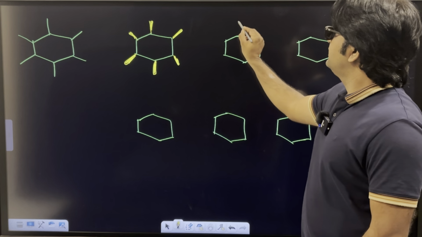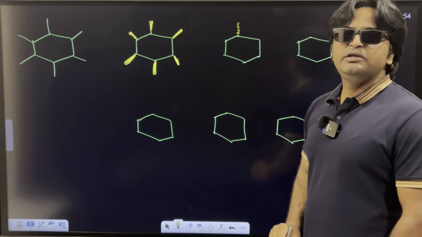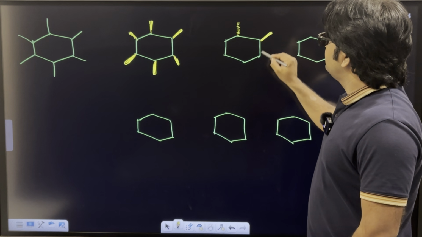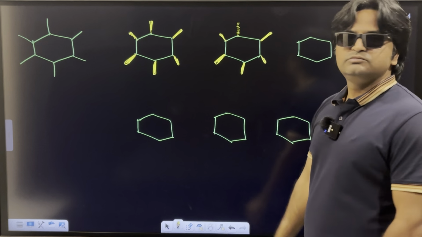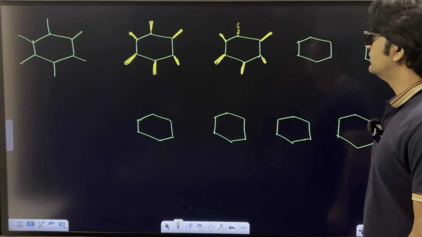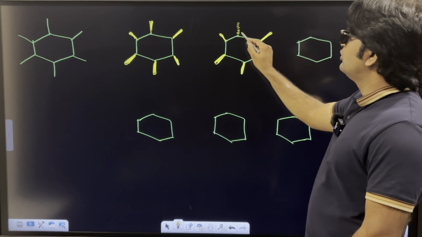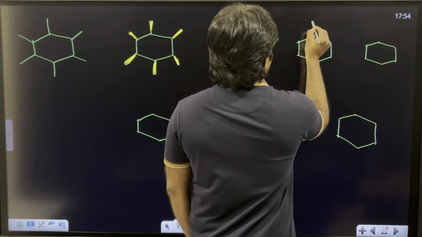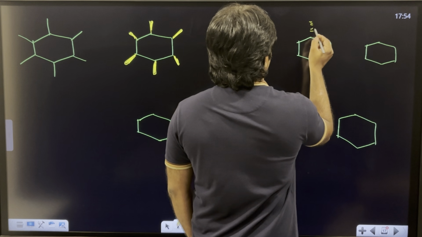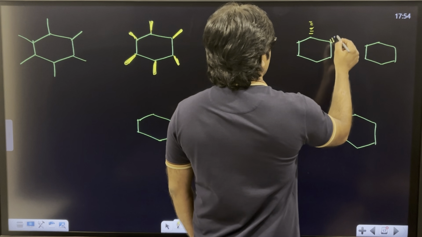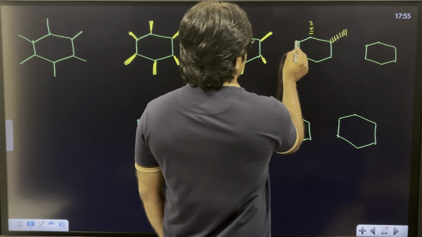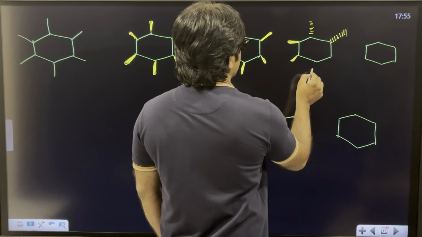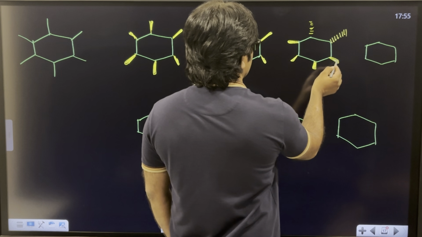What is the second possibility? Here I am taking one methyl below the plane and remaining all methyls above the plane. Is it possible to write this one? Yes. This is the second possibility. And come to the third one. This below-the-plane group you can take at any carbon atom, all are equivalent. Next one, here I am taking 1, 2 position below the plane and all methyls above the plane. Clear?